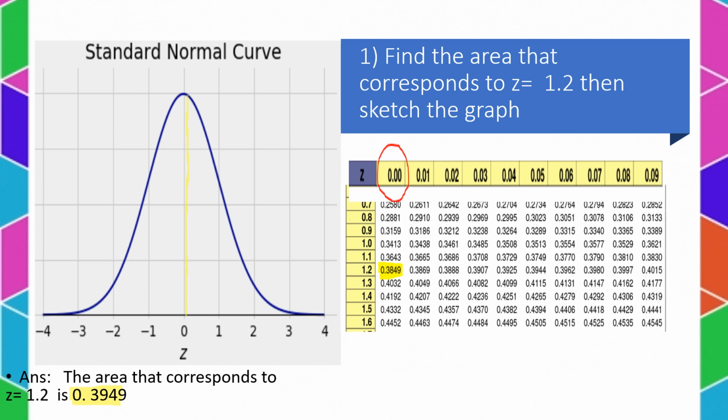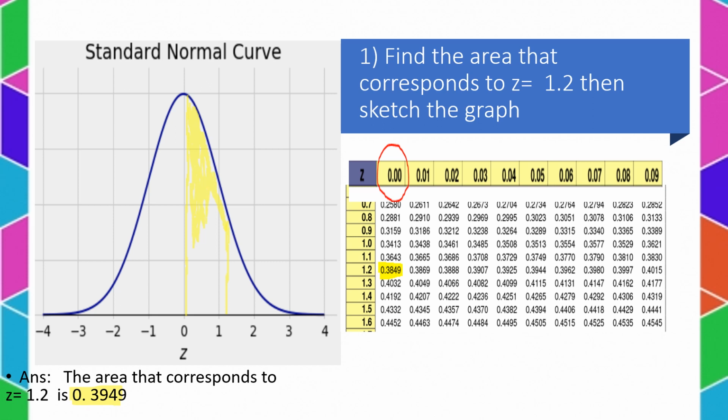So, lagpas ka lang ng konti sa 1, and then draw a vertical line papunta sa taas. So, that means, from 0 to 1.2, this is the shaded region. So, i-shade mo na lahat. From 0 to 1.2, this is the area that corresponds to z equals 1.2.